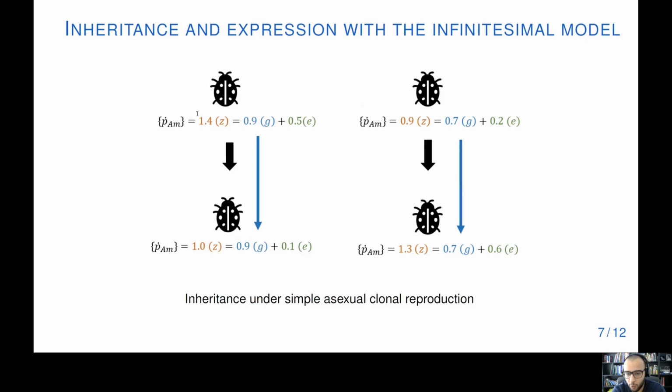And also from the field of quantitative genetics, inheritance can be described using the infinitesimal model, which describes how traits are passed on from parents to offspring.